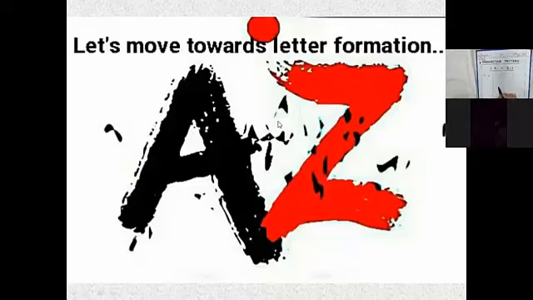Now move towards the other block. Write capital B. Draw a line. Touch the upper three lines properly and then go round. Make a circle. Touch this line again and then draw another circle and touch this line again.